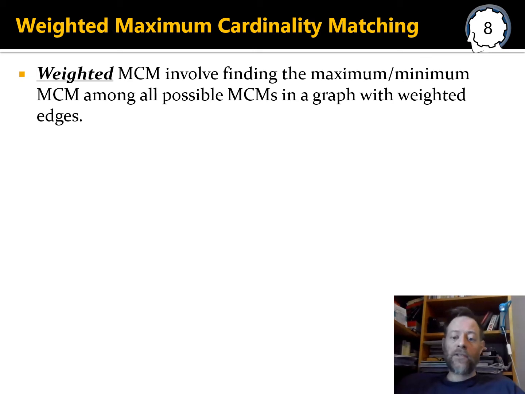We might also be interested in just finding the maximum weighted matching. In some sense, we just want to find the subset of edges with the largest sum of weights, such that it's a matching, or the minimum for that matter. So these are some variations that, of course, make this problem a bit more challenging.